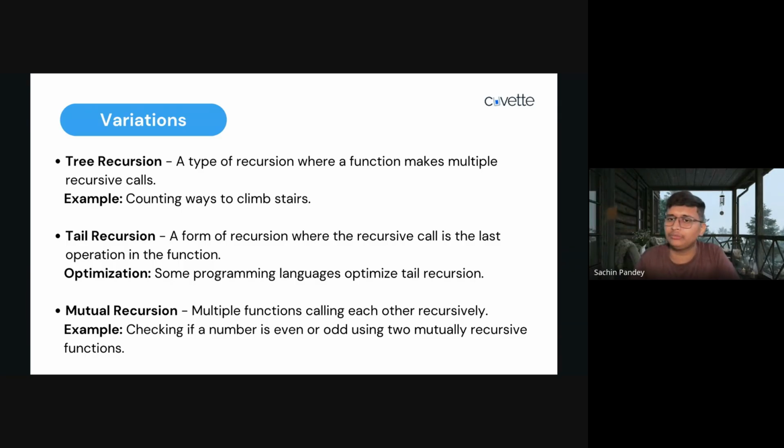Tail recursion was simple factorial. Then you have mutual recursion, a very good one, where multiple functions call each other recursively. I'll show you: checking if a number is even or odd using two mutually recursive functions.